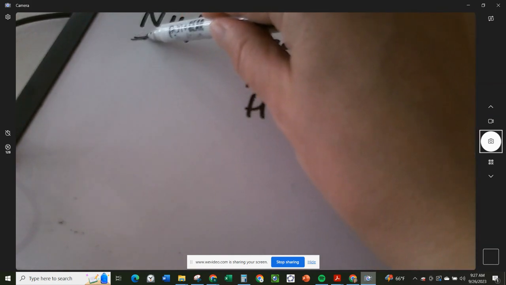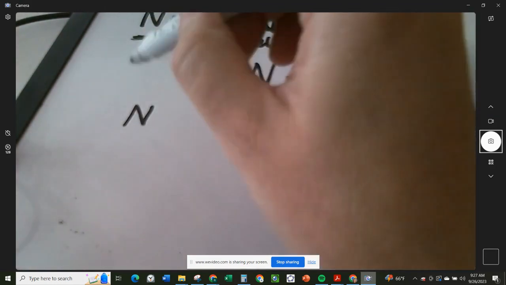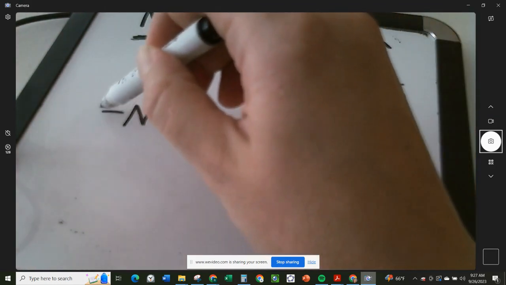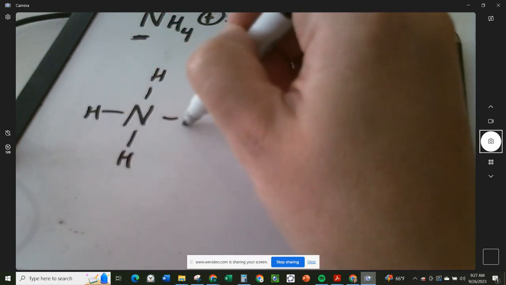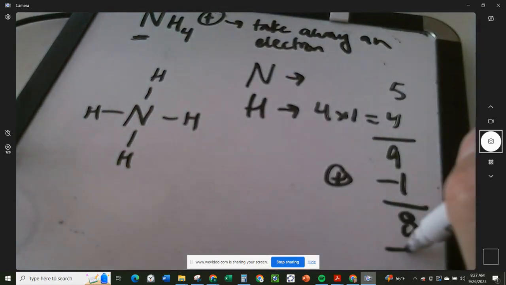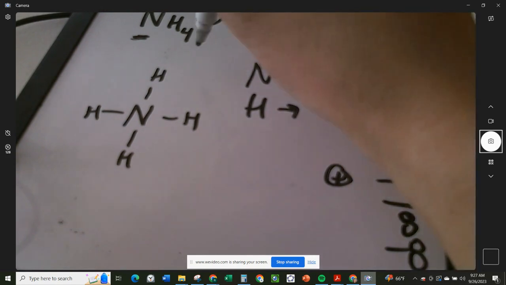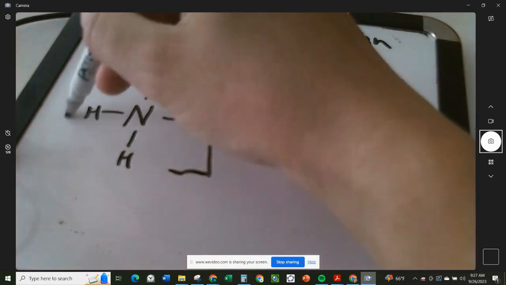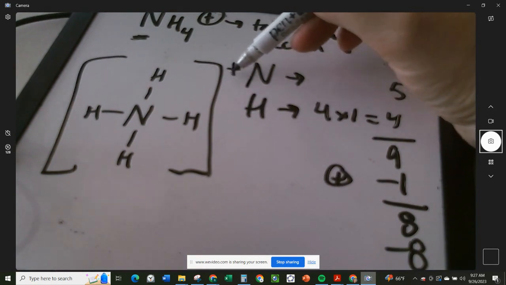We're going to pick nitrogen as our central atom. There's only 1 nitrogen, and we have 4 hydrogens, so they're just going to go around the nitrogen. If we count up the electrons, we have 2, 4, 6, 8. So we've used up all 8 of our electrons. We have no more to show. And just like we did in the anion, we need to show that this has a positive charge.